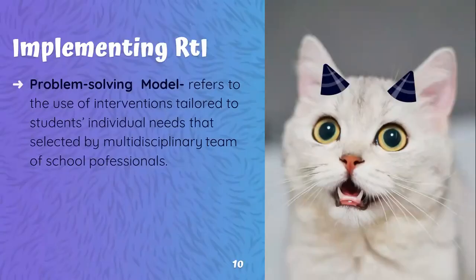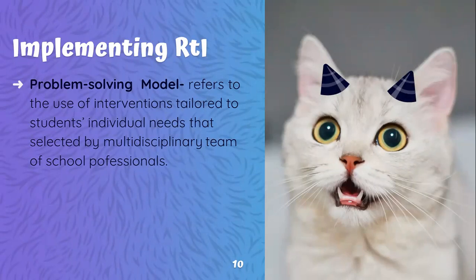So now let's proceed to the implementing of the RTI. There are many schools and states that use the problem solving model, but there are others that are more on general use of intervention, the RTI model.